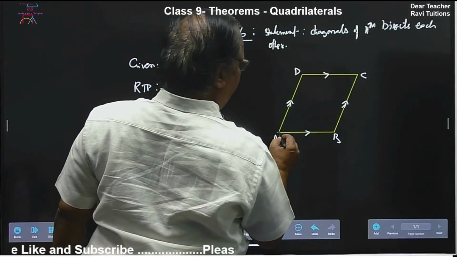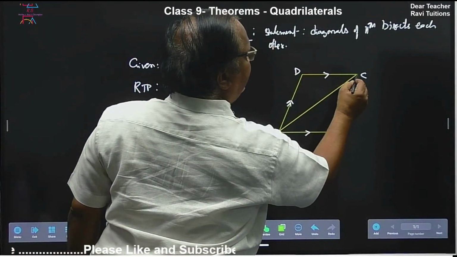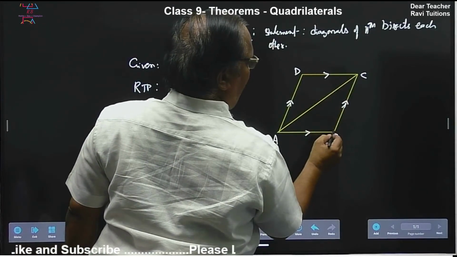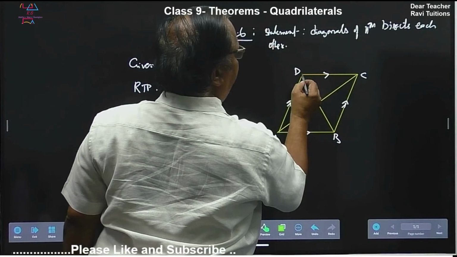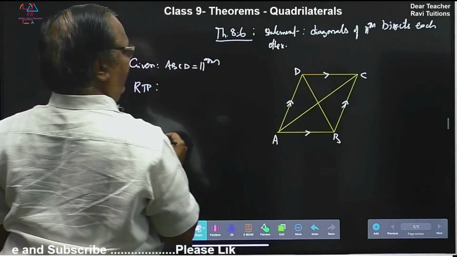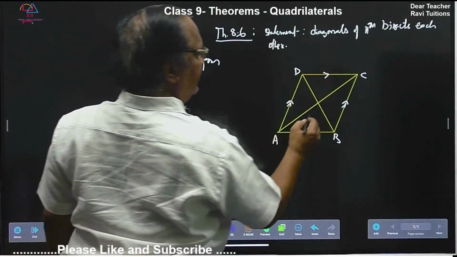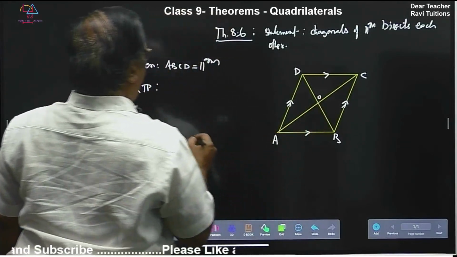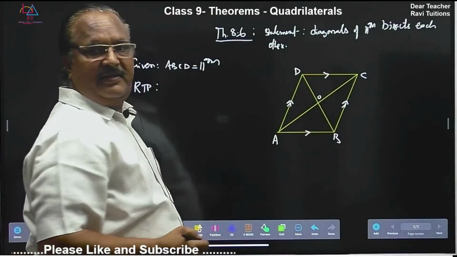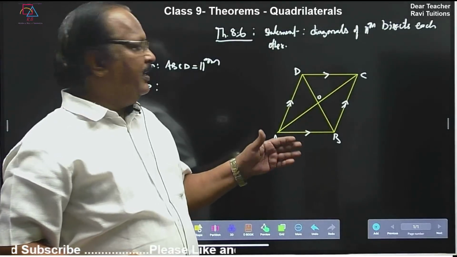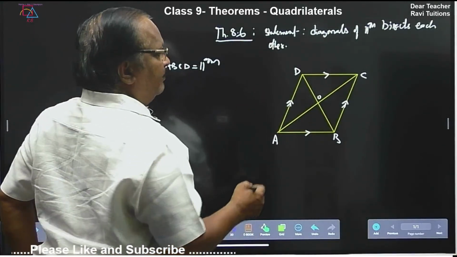Join A and C, and B and D. These two diagonals are meeting at O, intersecting and bisecting each other.